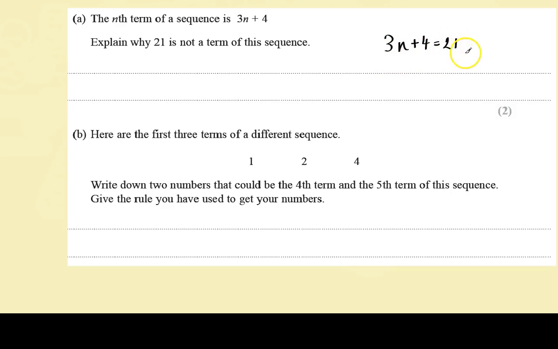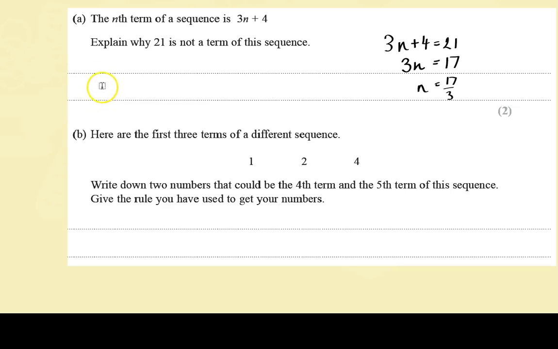Well, 3n plus 4 is 21, so 3n equals 17, and that gives us n equals 17 over 3, which you could work out on your calculator. You don't really need to. All you need to know is that that's not a whole number. 17 isn't in the 3 times table.